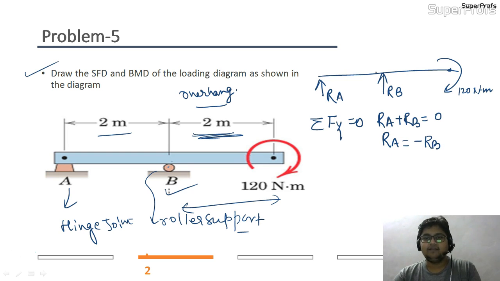Now I will take the moment about point B. This is my point A, this is my point B. The moment at B should be equal to 0 because it is a roller support.